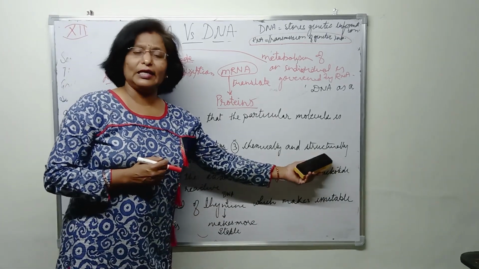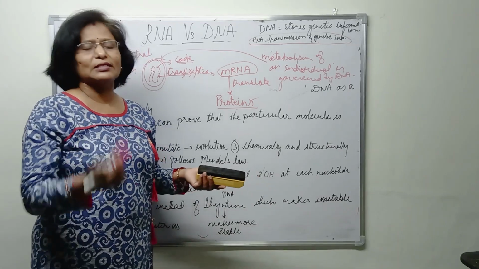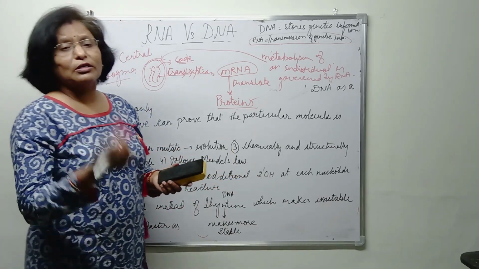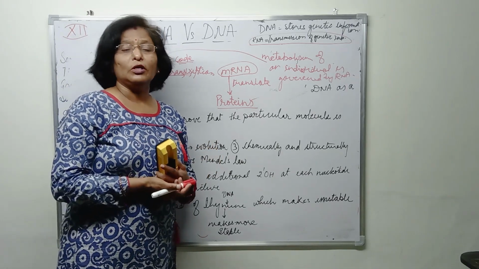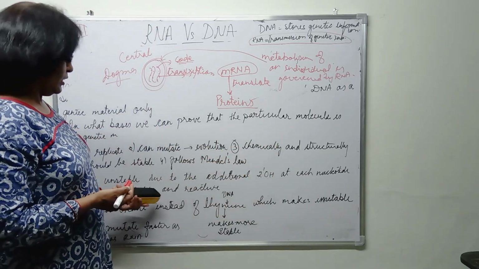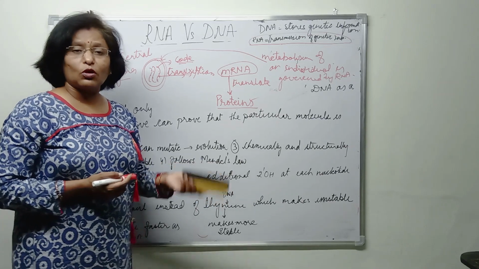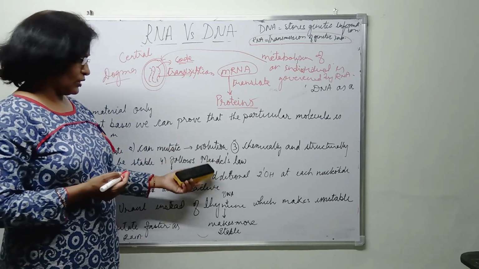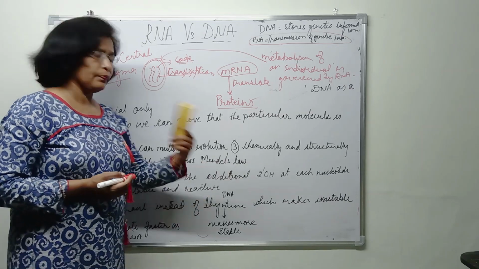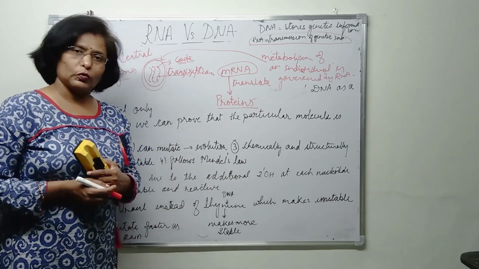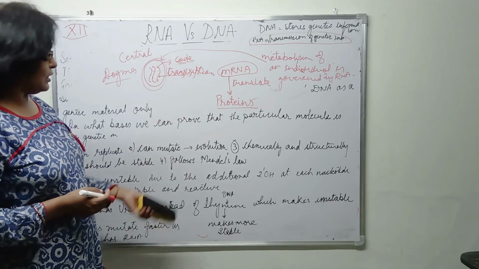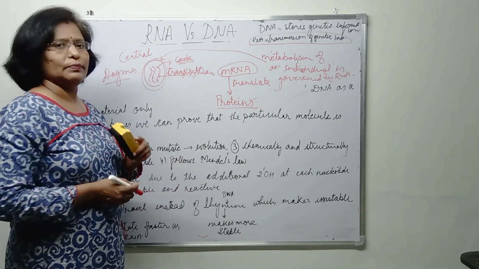Chemically and structurally it is very strong: a double helical structure, with protein molecules bound with different hydrogen bonds, N-glycosidic bonds and phosphodiester linkages. And most important, it follows Mendel's law also. So in this way we can say that DNA is a genetic material.